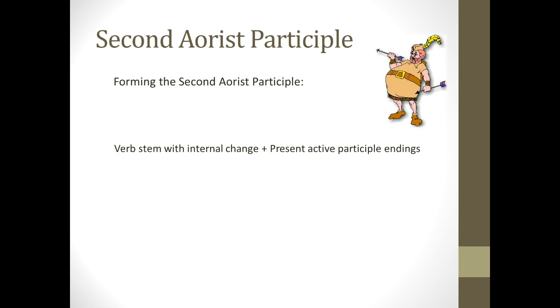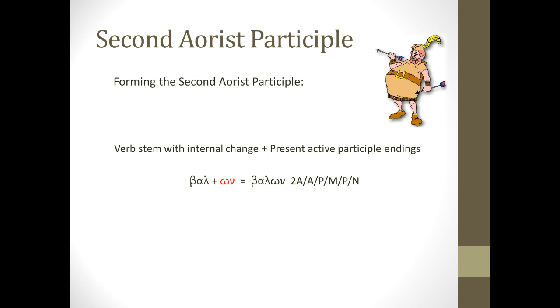And so what that means, ladies and gentlemen, is that there are Baal, that is the 13 second aorist verbs that you've already learned. Those are the only verbs that will show up in the second aorist paradigm. You're going to use the very same endings that you already used when you learned the present tense endings. And so in this case, balon will become a second aorist active participle masculine singular nominative.